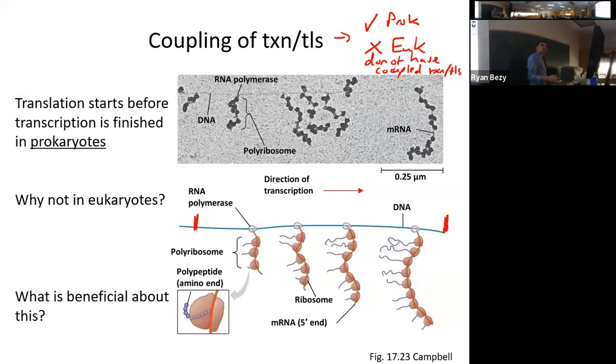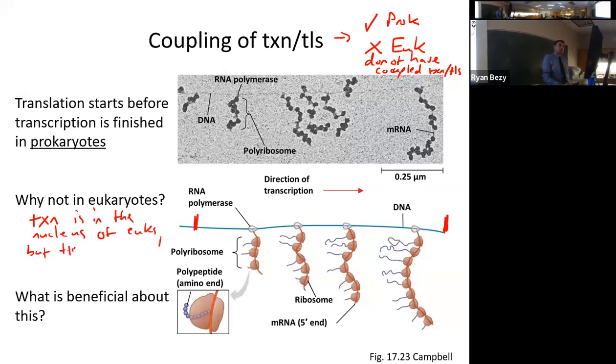Why does this happen in prokaryotes but not eukaryotes? Transcription is in the nucleus of eukaryotes, but translation is in the cytoplasm.